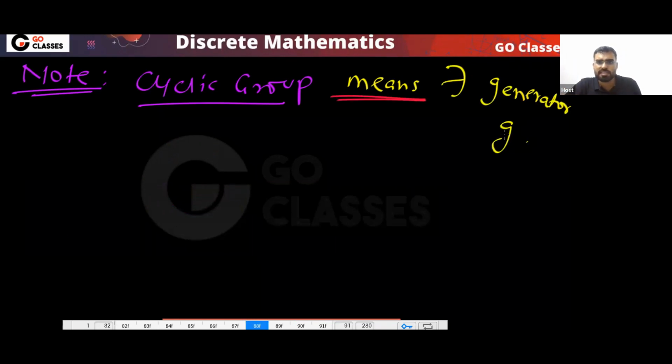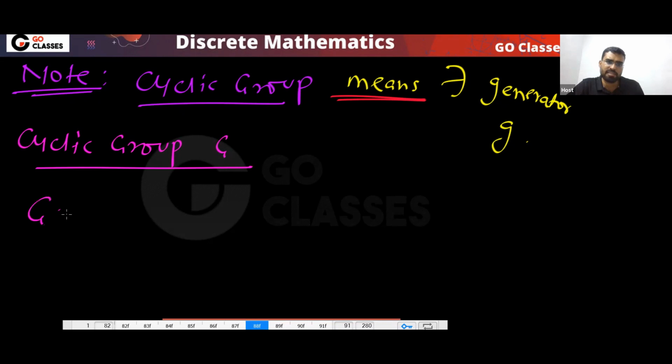Cyclic group means there exists a generator G. So if you have a cyclic group G, how can I write it? For generator G, I can write G is equal to what? Tell me. G is equal to this, yes or no? Because you have a generator G. G is the generator, means G can generate all the elements, agree or not?